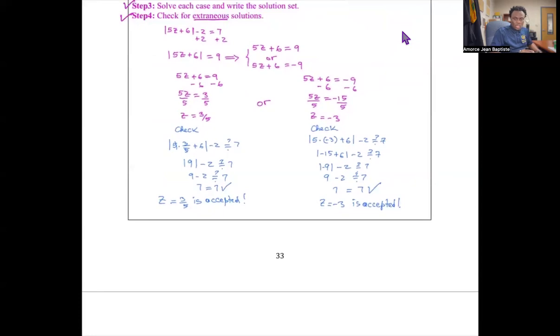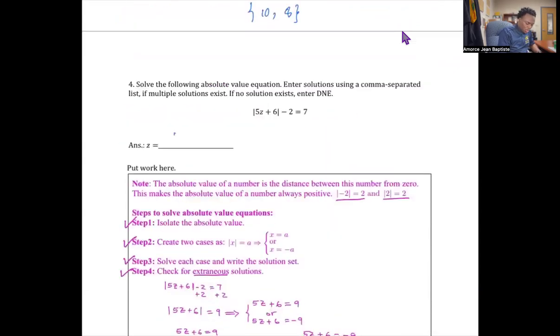So we can say that the solution set is 3/5 and -3.